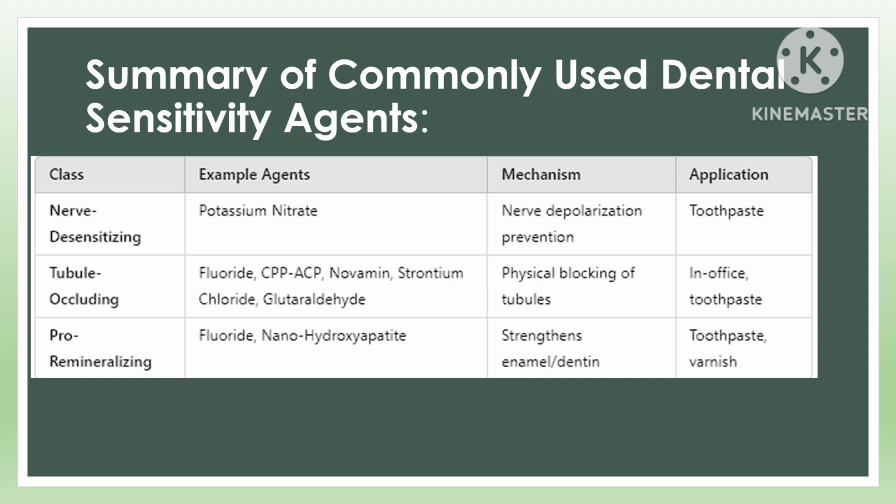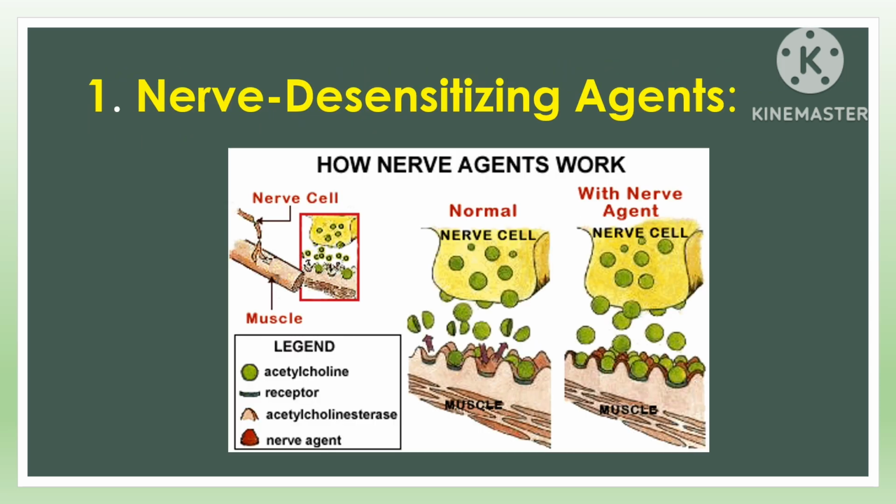Apart from these two, a third category is also there. These are known as pro-remineralization agents, which help remineralization of the lost minerals from the tooth structures and alleviate hypersensitivity.